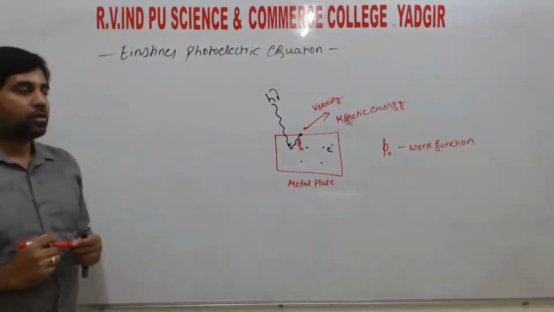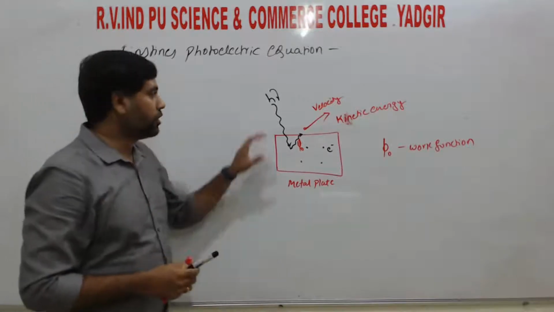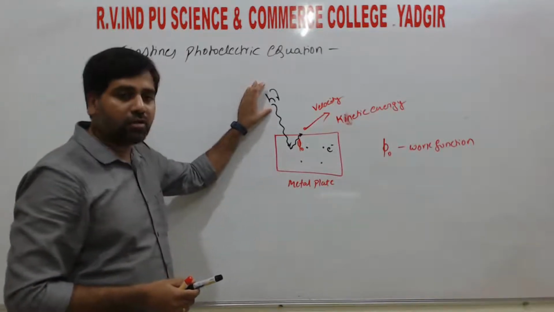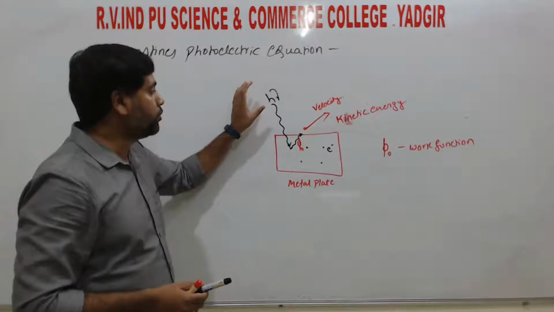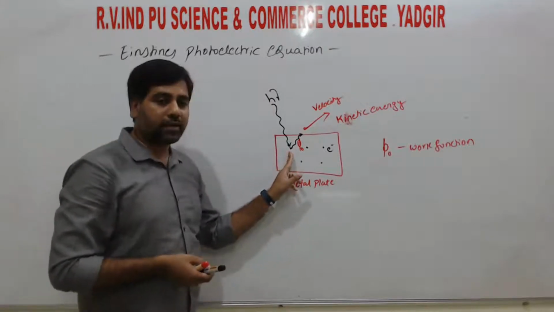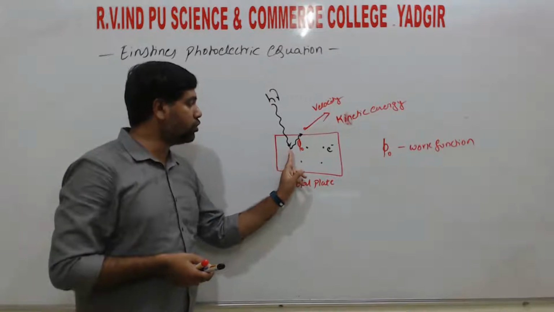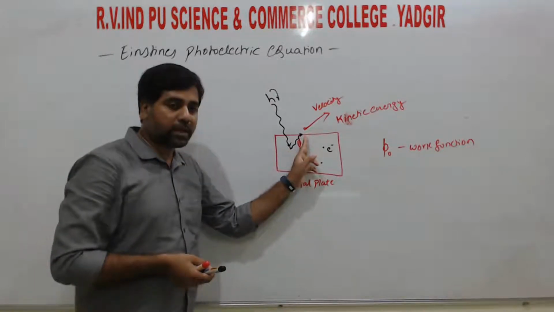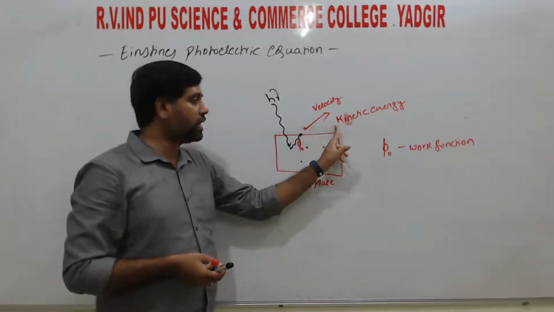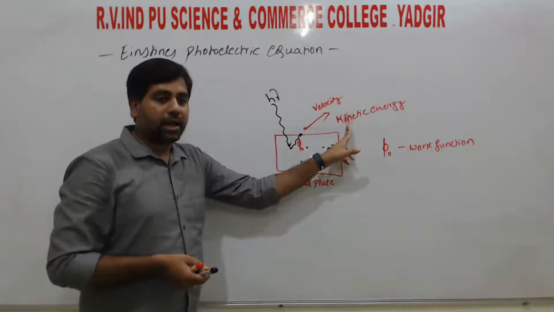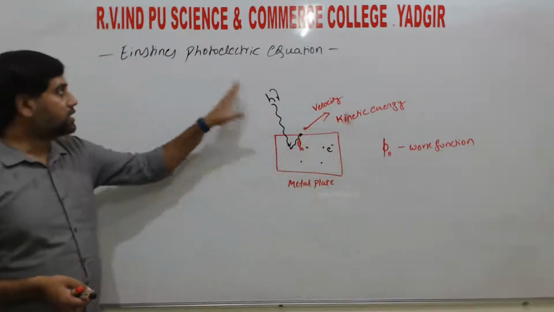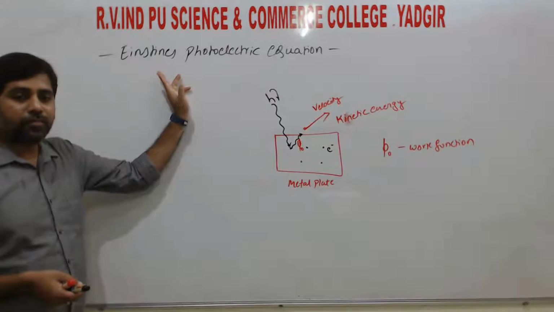Right? So according to Einstein, when an incident radiation of energy h nu is absorbed by the electron in the metal surface, some part is utilized to escape out from the metal surface and the remaining part is utilized for the kinetic energy. So this is explained by Einstein, right?